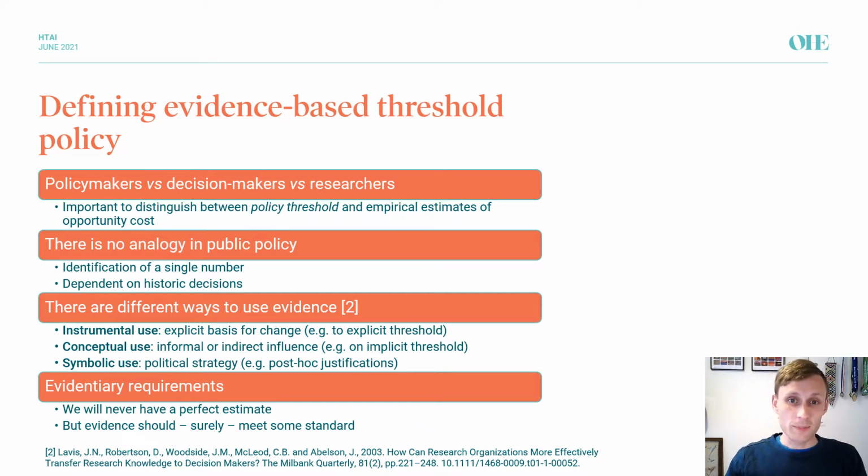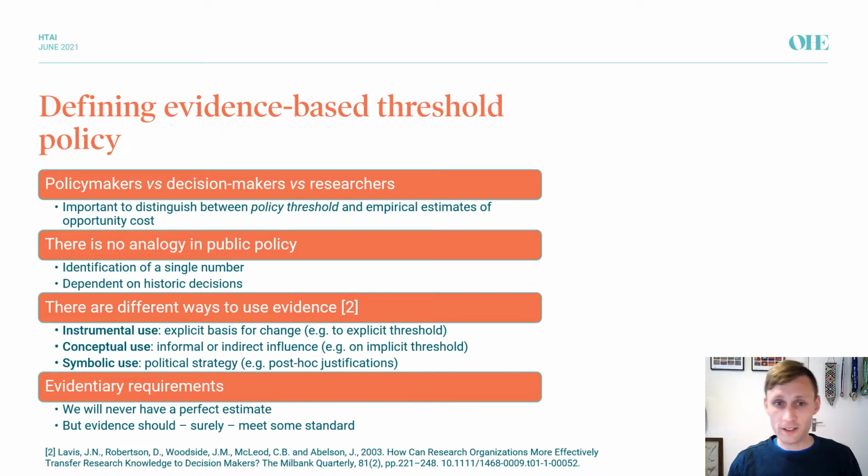Part of the reason that defining evidence-based thresholds is so difficult is that there really is no analogy in public policy. We're talking about using a precise number to guide decision making, and that number is a function of past decisions. There's a kind of inherent circularity. Something which hasn't been given the consideration that I think it deserves is that there are different ways of using evidence in policy. In some senses, the ideal scenario is that policymakers could make instrumental use of the evidence and explicitly define thresholds with reference to that evidence. But it seems obvious to state that there should be some evidentiary requirements for this.